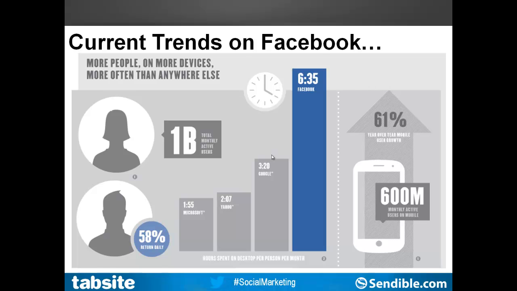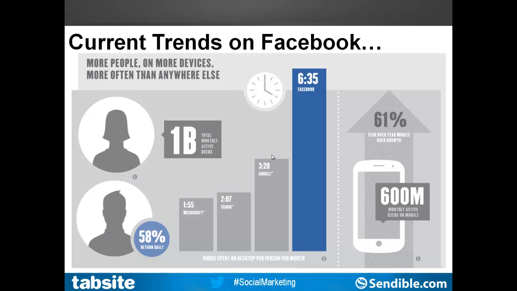Now, in particular, we want to take a look at Facebook here as well, because Facebook just continues to become a more dominant, more commonly used platform for all people, all households across the world. In the center of your screen now, the big blue bar with Facebook, shows that people are spending 6 hours and 35 minutes on average per user on Facebook per month.